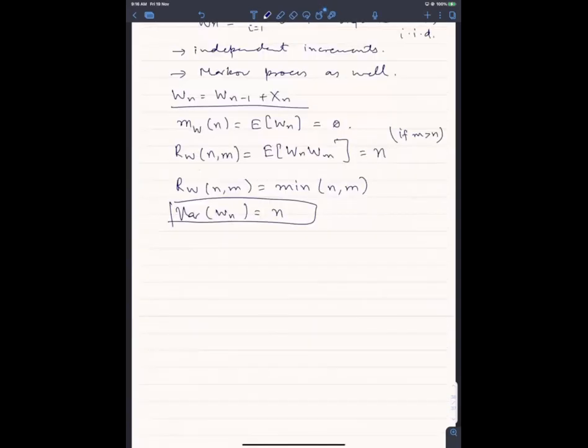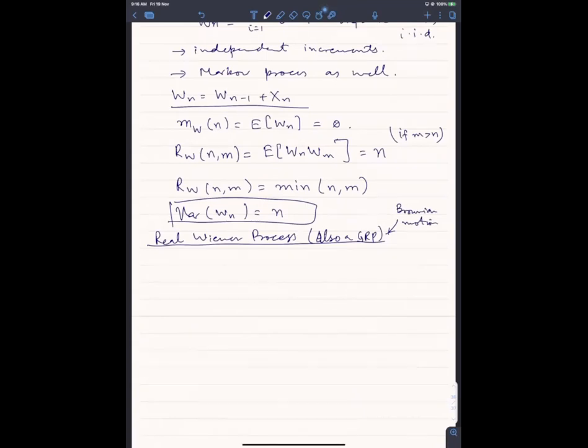The real Wiener process has continuous time. It is also a Gaussian random process. If you guys have heard about Brownian motion, Brownian motion is modeled by the real Wiener process.